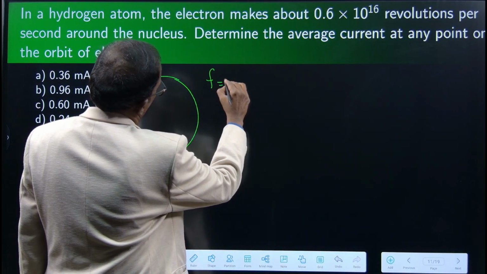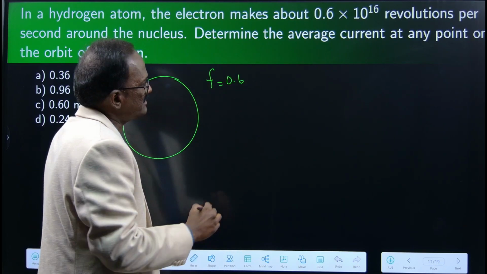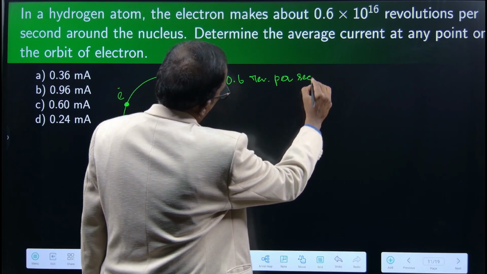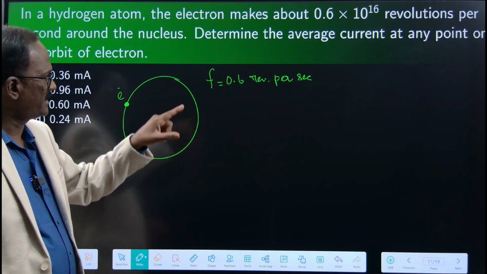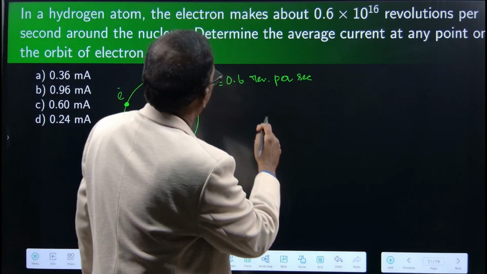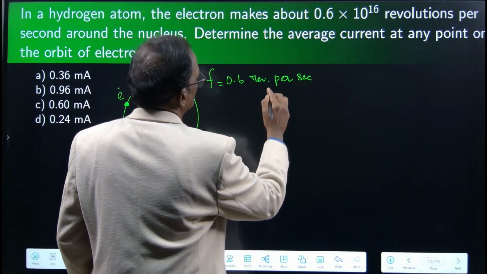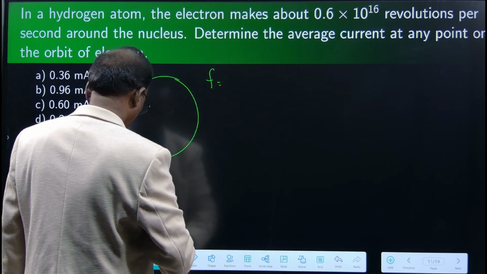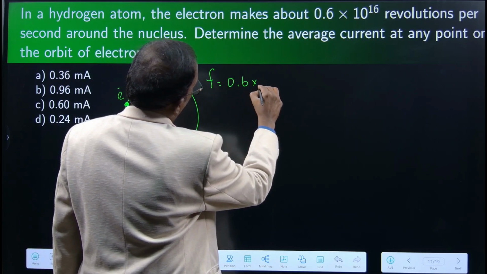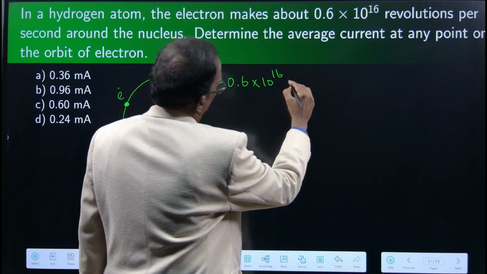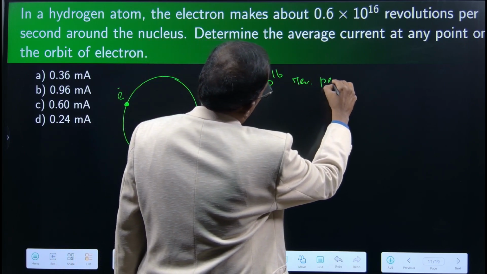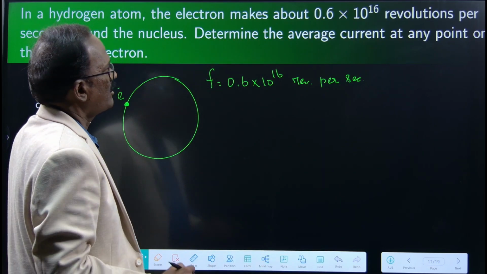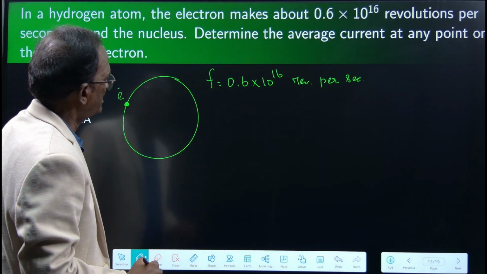So this is frequency, revolutions per second. Determine the average current at any point on the orbit of the electron.